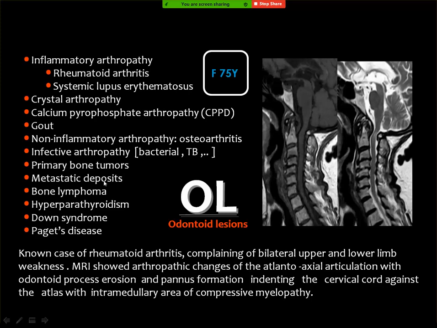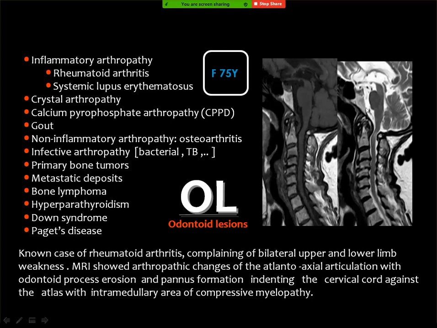There are a lot of lesions that can occur in this particular site. We have mentioned one of them, which is chondrocalcinosis, and you have also mentioned rheumatoid arthritis, systemic lupus erythematosus, gout, and chondrocalcinosis or calcium pyrophosphate arthropathy, then osteoarthritis, infective arthropathy like TB and bacteria, primary bone tumor like myeloma, metastasis, lymphoma, and hyperparathyroidism, brown tumor, Down syndrome, and Paget disease.